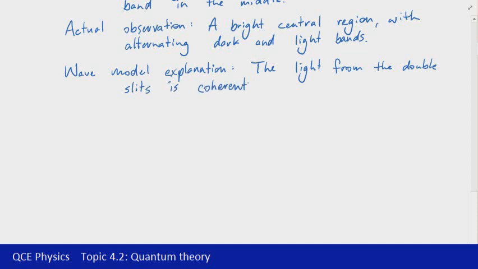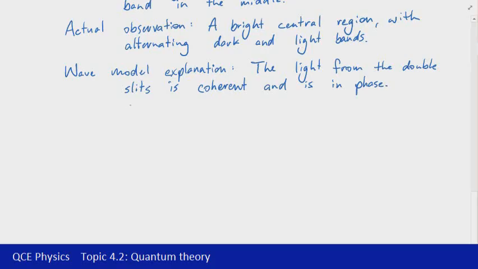So they're both alternating at the same rate, and it's in phase. And by in phase basically just means it's doing the same thing at the same time. So two peaks travelling through those double slits at the same time, and then two troughs travelling through it at the same time at some later point.